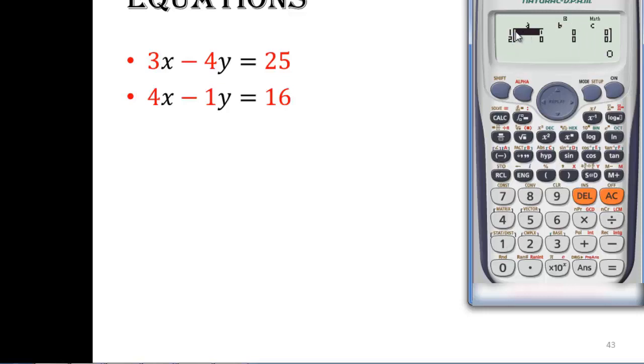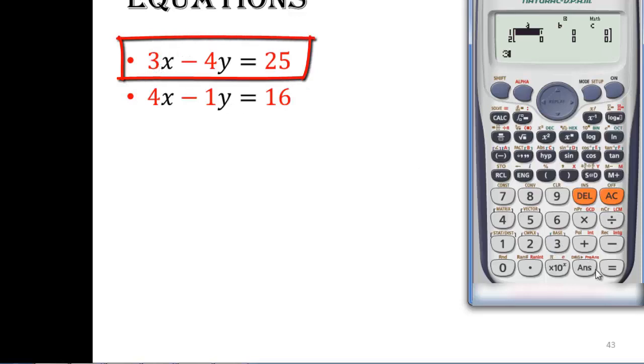Now we are going to put in the values of the coefficients of equation 1. The first coefficient is 3. Press 3 and then the equal sign. Then press the second coefficient, which is -4, and then press the enter button. And then 25, and press enter.